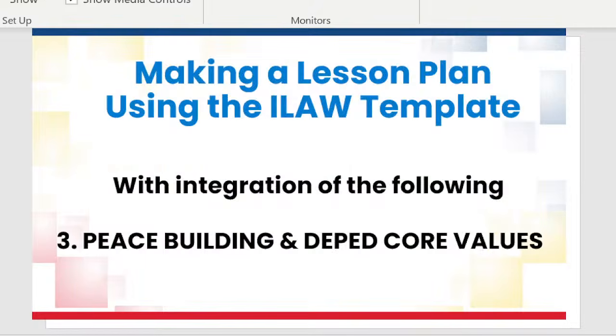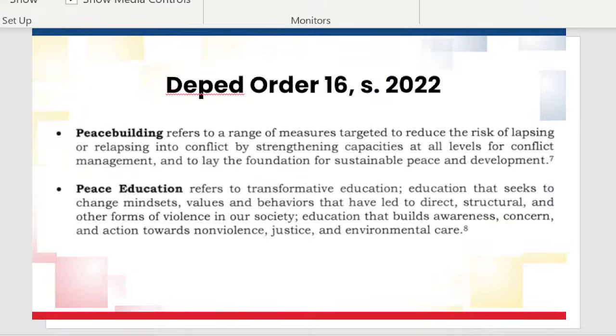Now, let's talk about peace building and DepEd core values. In DepEd Order number 16 series of 2022, peace building refers to a range of measures targeted to reduce the risk of lapsing or relapsing into conflict by strengthening capacities at all levels for conflict management and to lay the foundation for sustainable peace and development.